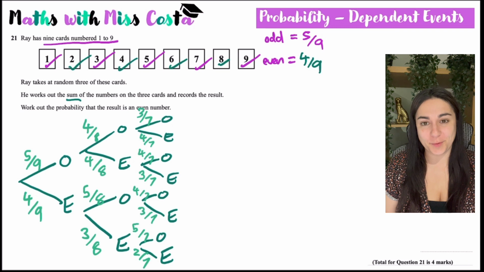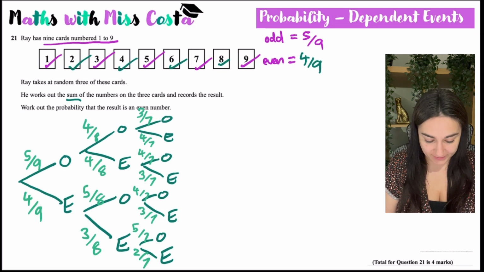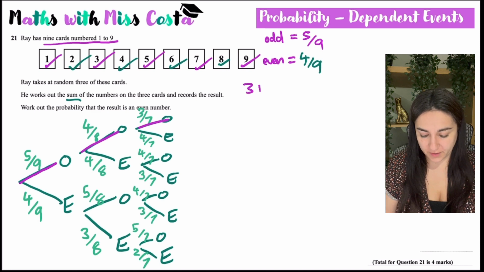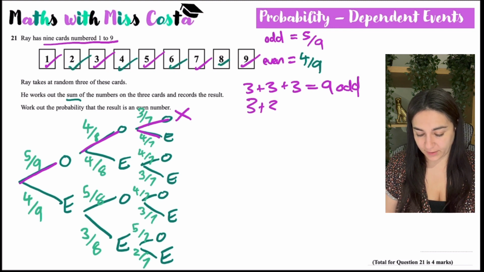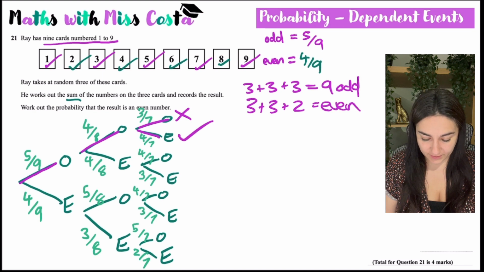So you filled out your probability tree, so now we need to figure out which branches are going to give us an even result. So if I had odd, odd, odd, let's just pick a random odd number. 3 plus 3 plus 3 is 9, so that gives me an odd result, so I do not use this branch. Next branch would be odd, odd, even, so let's say 3 plus 3 plus 2. 6 equals 8, which is even, so I do use this branch.